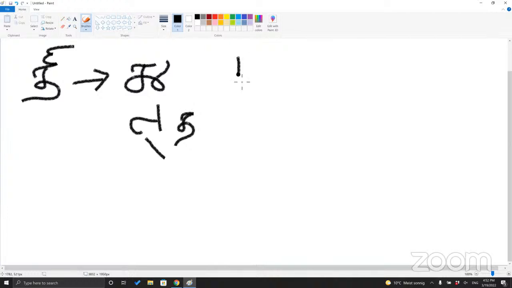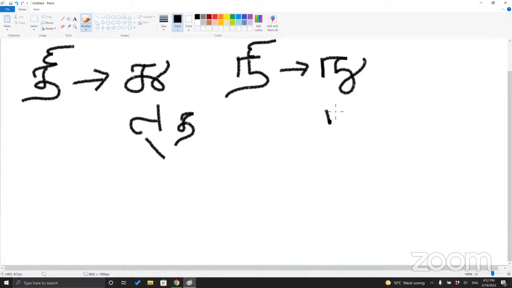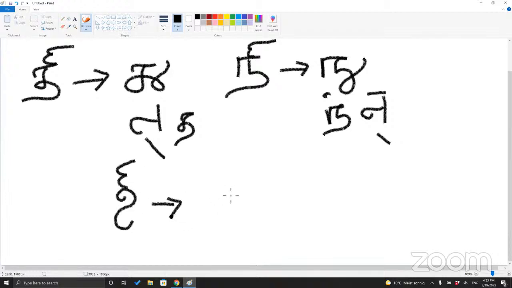And instead of writing like this, you have to write it like this. And instead of writing like this, you have to write it like this.